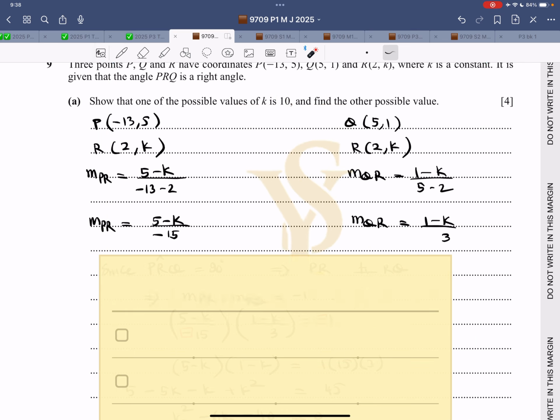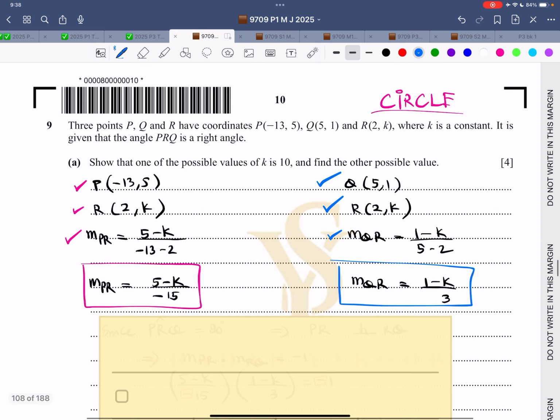So now what I did is this thing. Let me write over here. This is P, this is R, this is the gradient, and the simplified gradient over here. Over here, this is Q, this is R, this is the gradient, this is the simplified gradient. When we are talking about PRQ, we are focusing on angle R. There is P over here, there is Q over here.